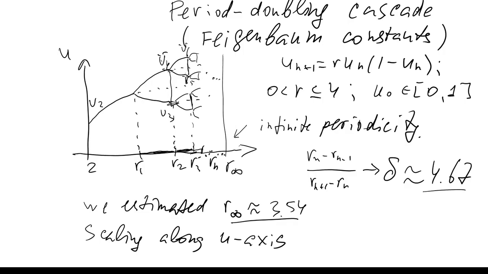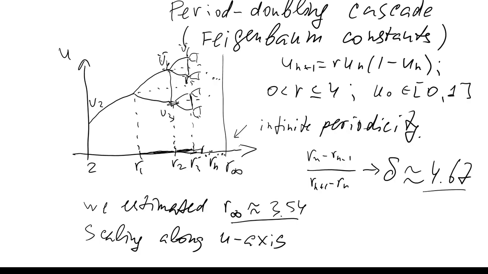And we can look and find other distances, and we see that these distances get shorter and shorter. And for these distances, we also have, so we will denote like this. This distance will be delta U1, this will be delta U2, this will be delta U3, and so on.